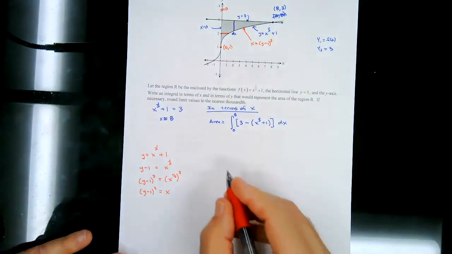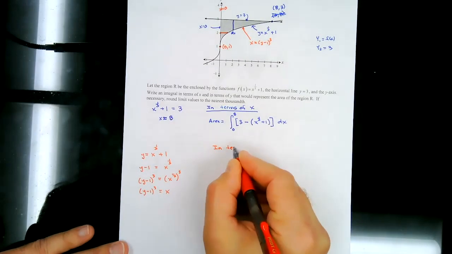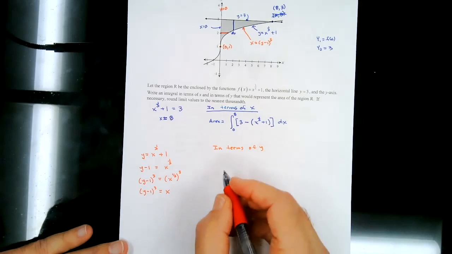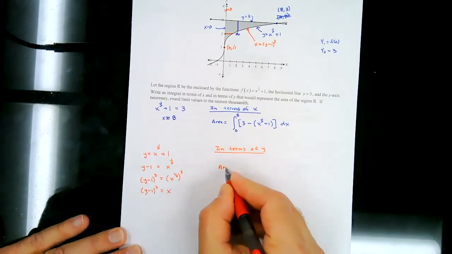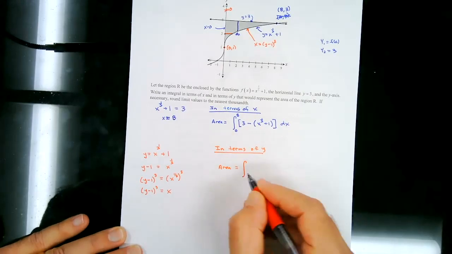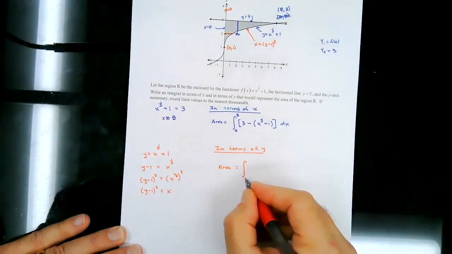All right. So in terms of y, to find this area, that's going to be equal to the integral, and we're going to go from 1 to 3.